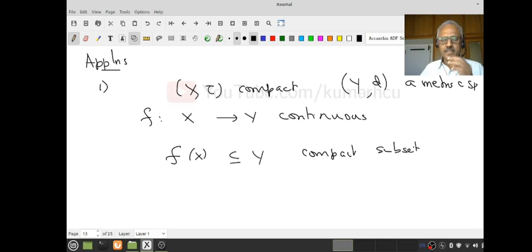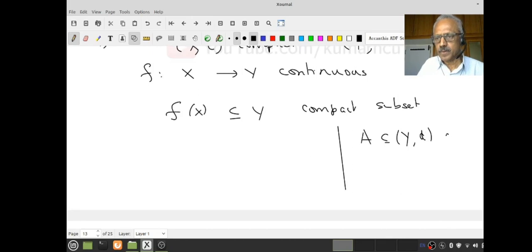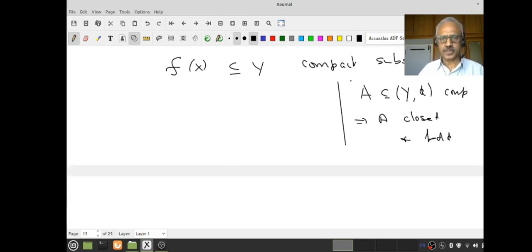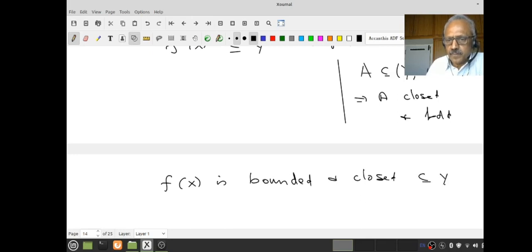But remember, we already know this fact: if A is a compact subset of Y, that means A is closed and bounded. So I'm going to make use of that. Therefore f(X) is in particular bounded. Of course it's also closed in Y.